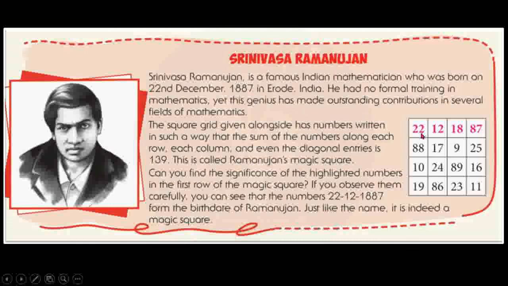Look here, 22/12/1887. So if you observe them carefully, you can see that the numbers 22/12/1887 form the birth date of Ramanujan. Just like the name, it is indeed a magic square.